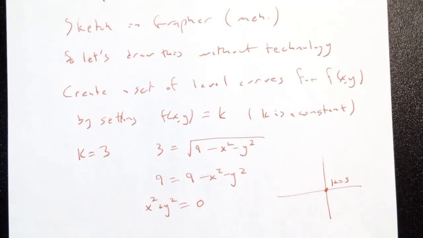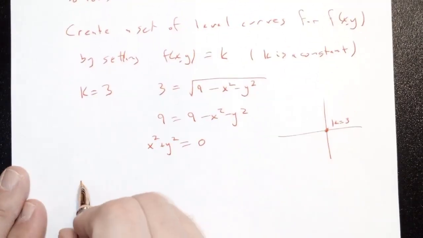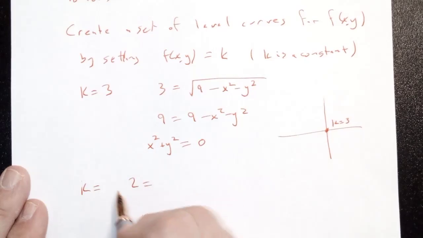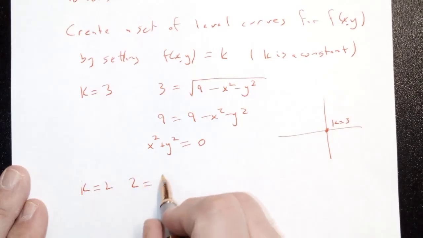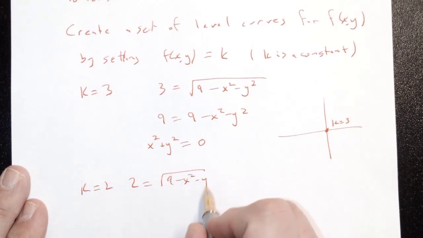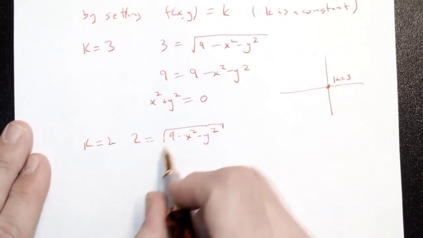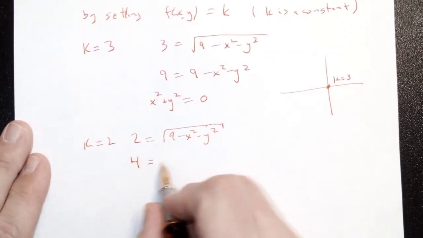Now, do you want to go up or down? Down. So if I go down, where do you want to go? K equals? Pick a number. 2. 2 equals square root 9 minus x squared minus y squared. So I square both sides.